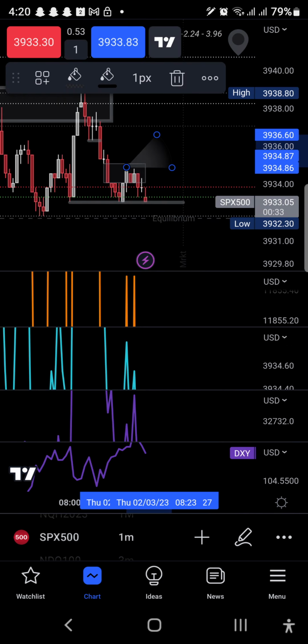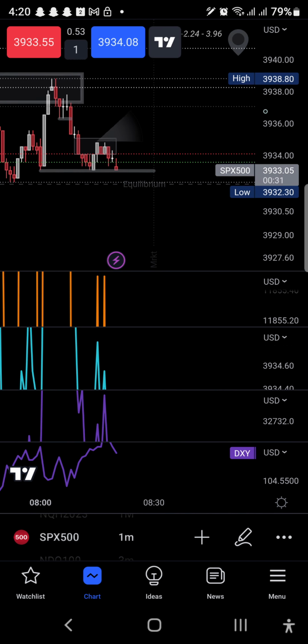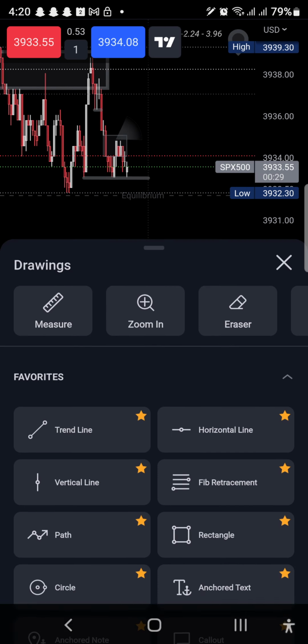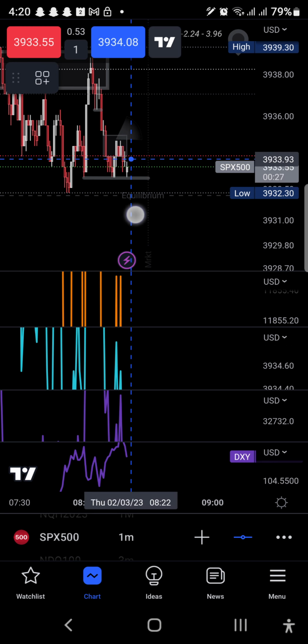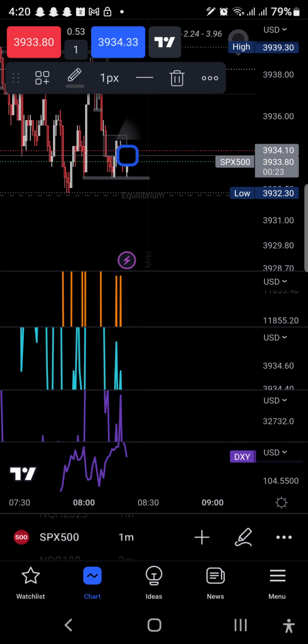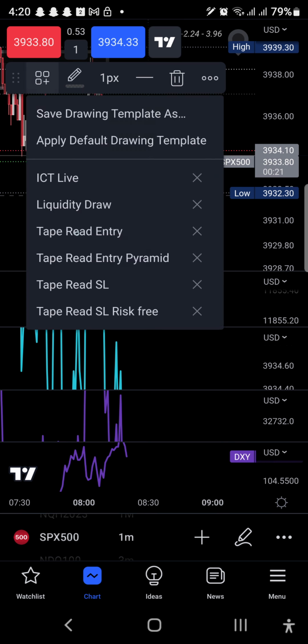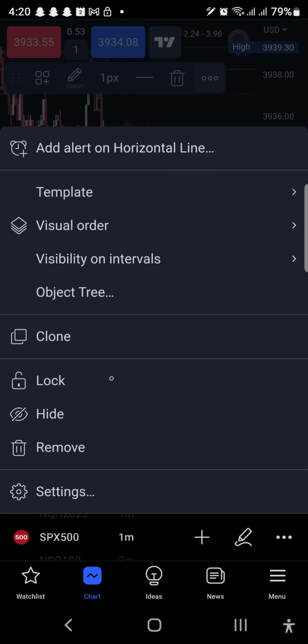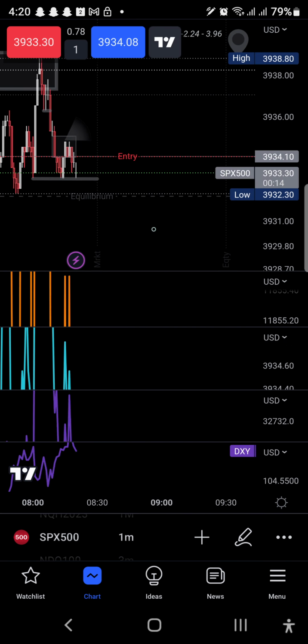And we're in. So this is the price. Liquidity draw, tape entry, tape reading entry. This would be my entry right here.